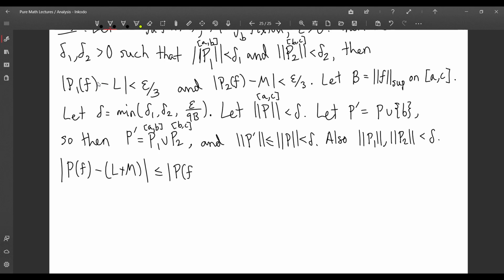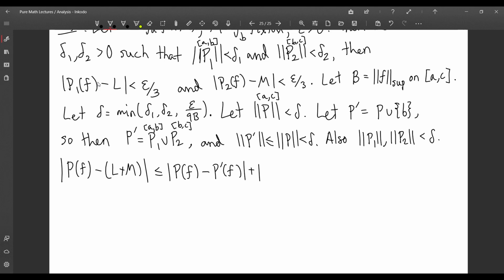We're going to have the Riemann sum of F with respect to our partition P minus the Riemann sum of F with respect to the partition P prime, where we've added in the point B.